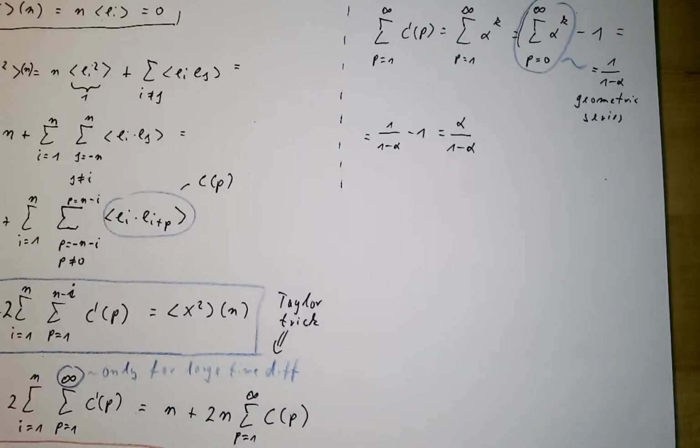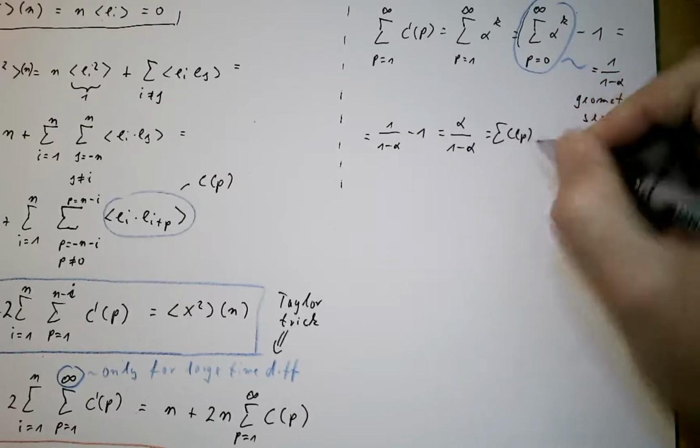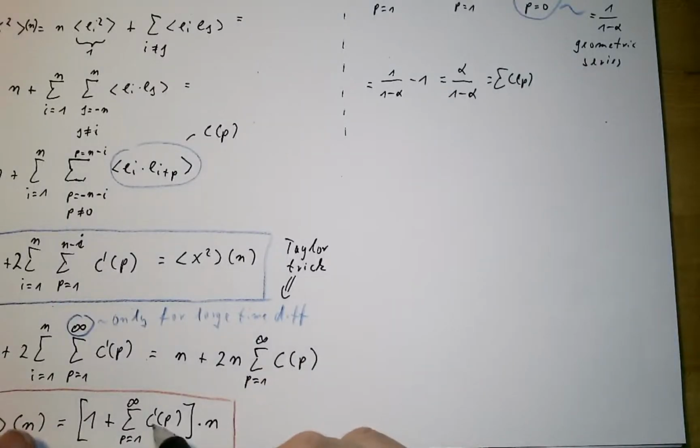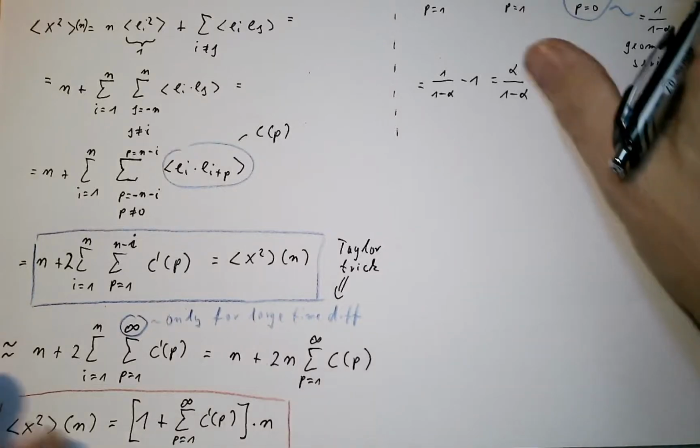So that was the correlation sum in here, that was the sum over the C of p, and this we can plug in here in this formula in the bottom.